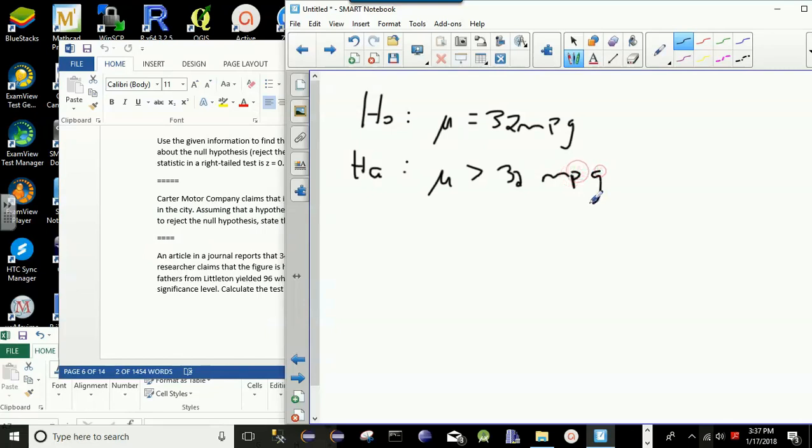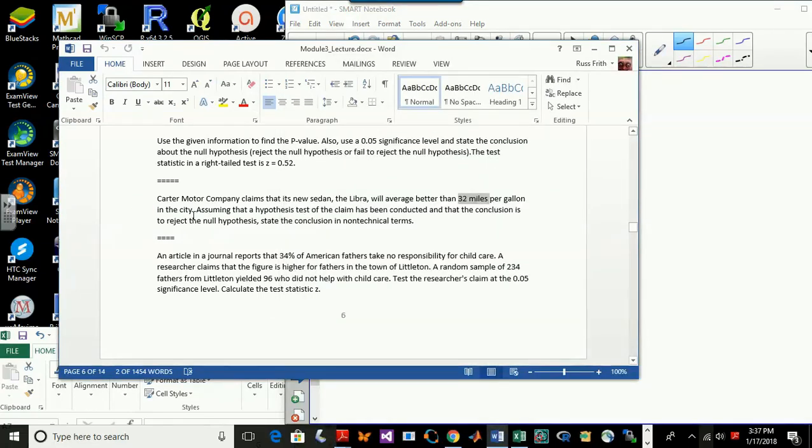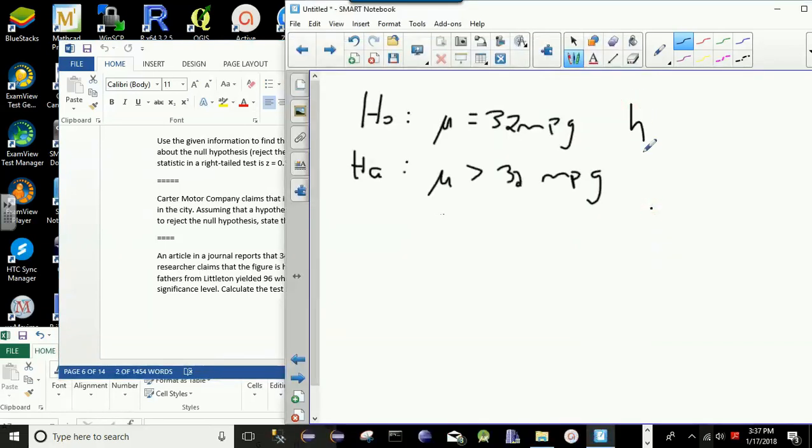Okay, and so what happened? The hypothesis test was done, and the null was rejected. So you reject the null hypothesis. Right, so if you reject the null, then the data support the substantiation of the alternative hypothesis.